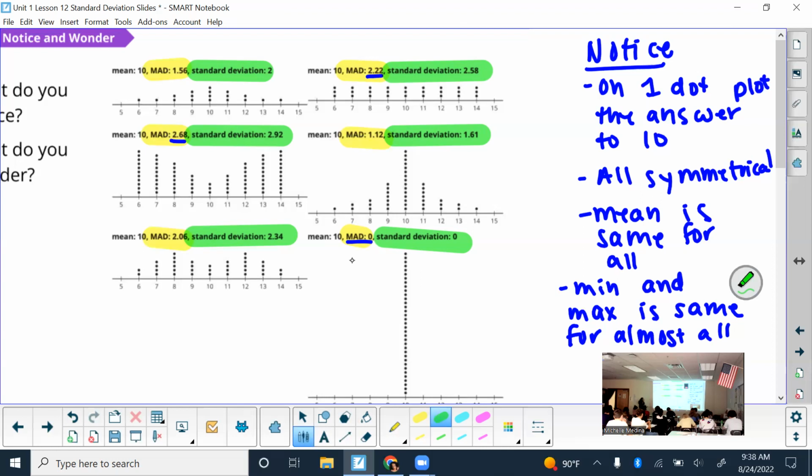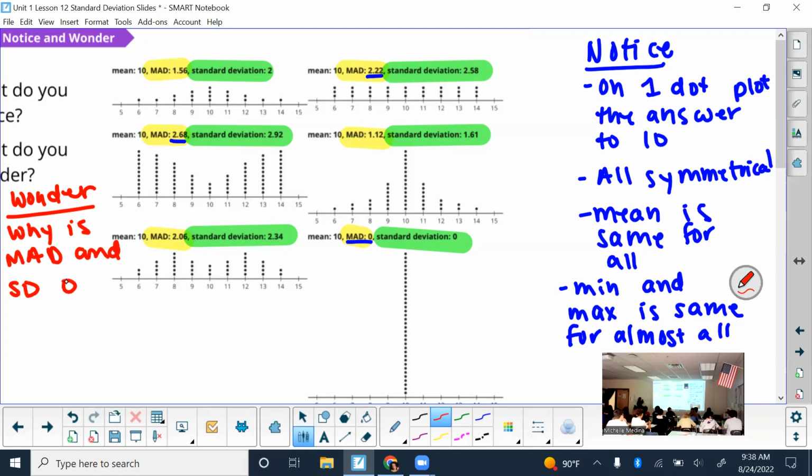So that's good. What are some things that we wonder now? Anything? What did we wonder before? Why is that? And I'll shorten standard deviation 0 for the last one.